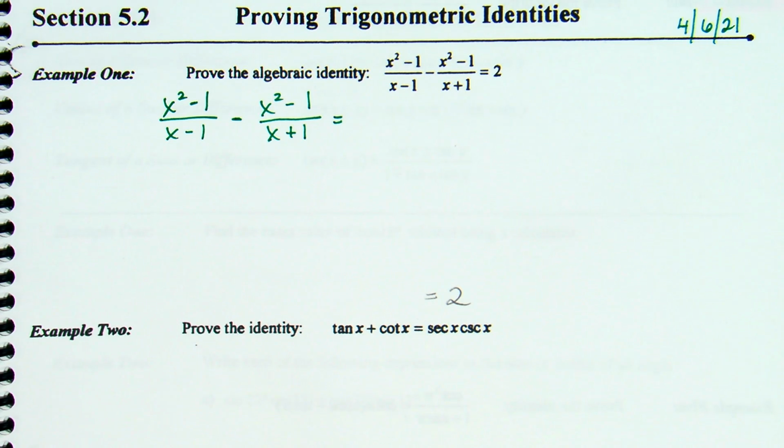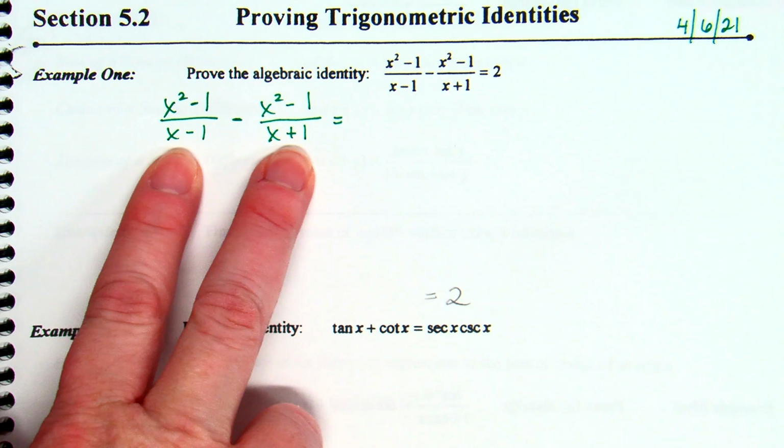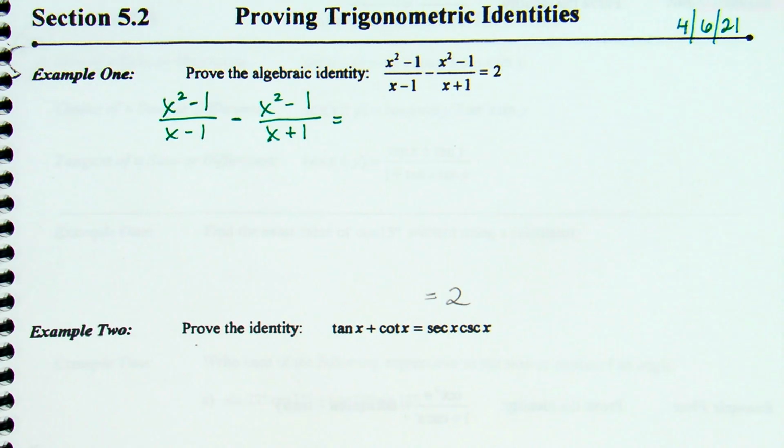Thoughts on what we can do with these two fractions here? There's a couple of different ways we could go with this depending on what you see. That's a lot of what it comes down to. What thoughts do we have, Ross?